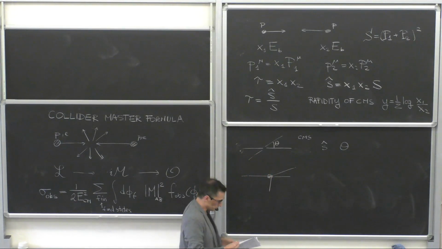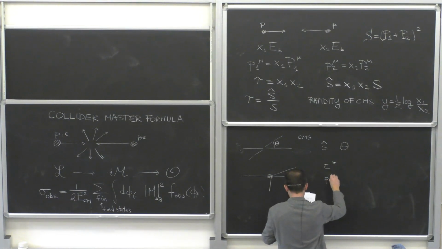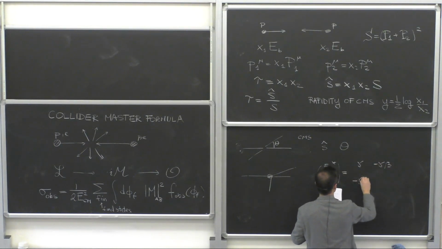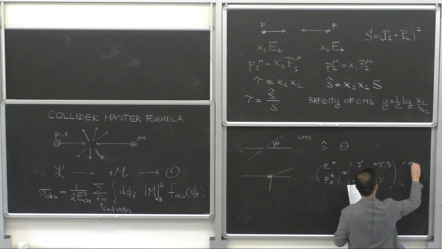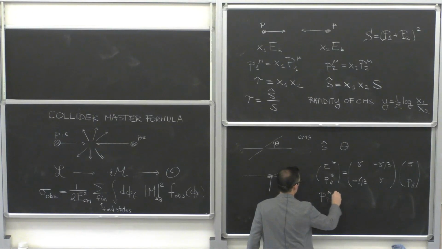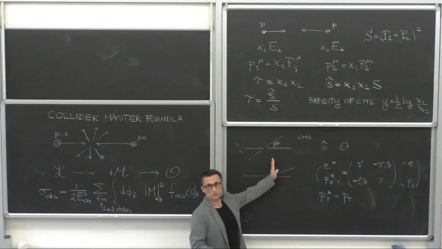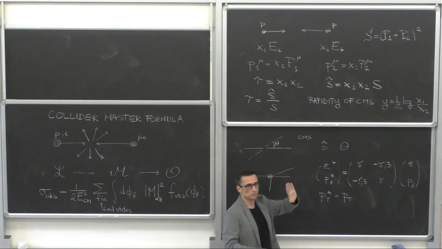Therefore, I will have to make a Lorentz boost in this direction to go from here to here. The way we do this is using a Lorentz transformation, which I remind you can be written in this way. The transverse components do not change, so p perp star is equal to p perp in the lab. If you boost this way, the components which are transverse, x and y, are invariant.